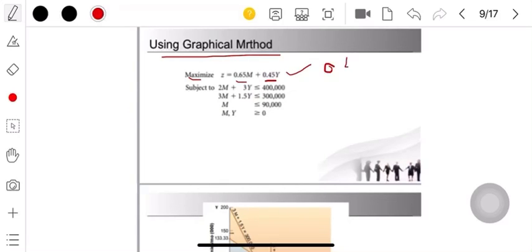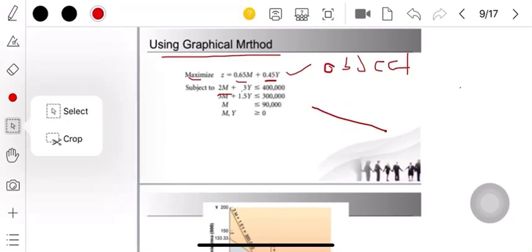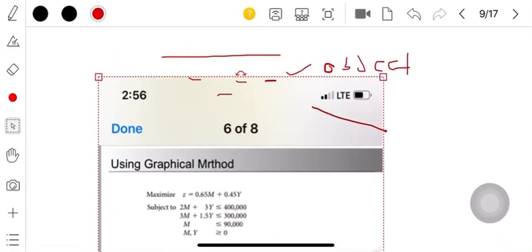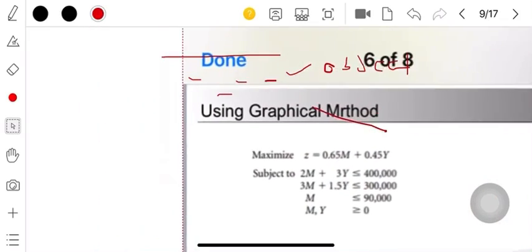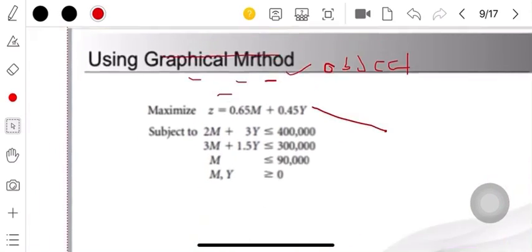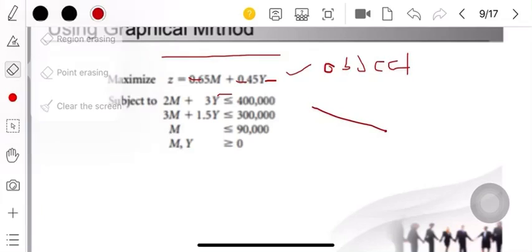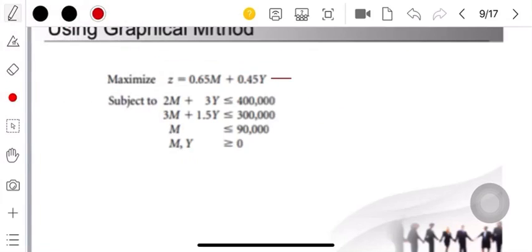This is the objective function, subject to 2m plus 3y less than or equal to 4 lakh, and 3m plus 1.5y less than or equal to 3 lakh, and m less than or equal to 90,000, where m and y are greater than or equal to 0.